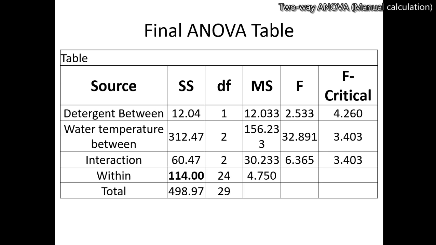For water temperature, we have MS equal to 312.467 divided by 2, which is equal to 156.2. For interaction, we divide the sum of squares for interaction by its degree of freedom, 60.47 divided by 2, equal to 30.2.